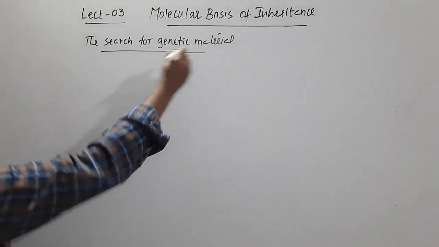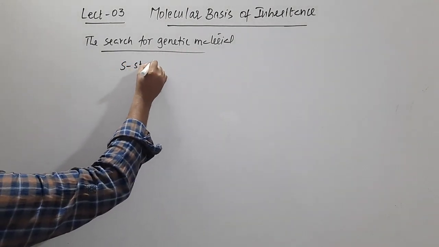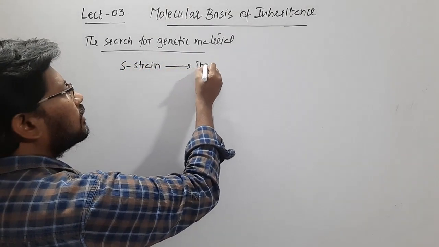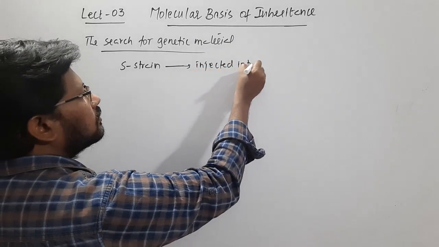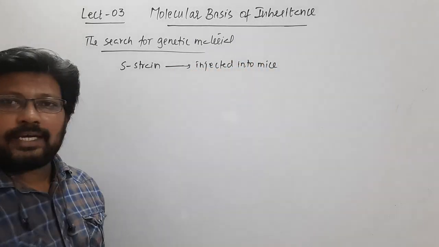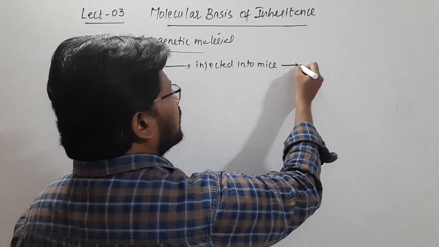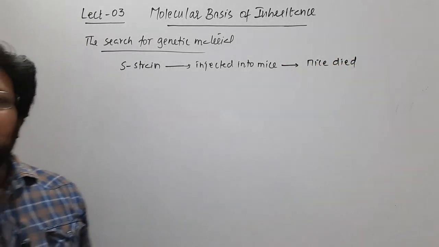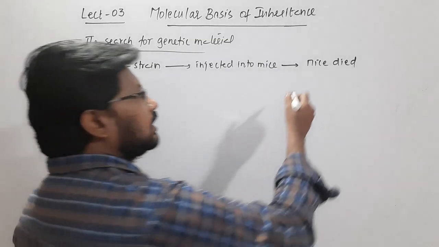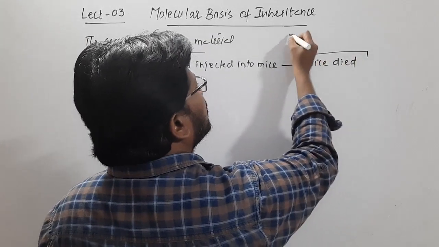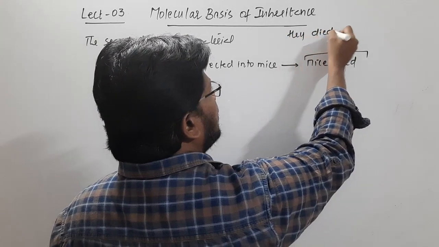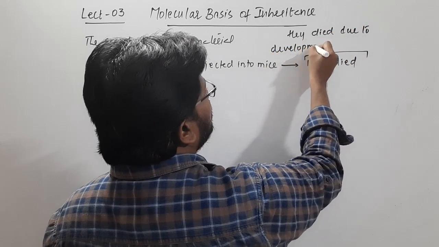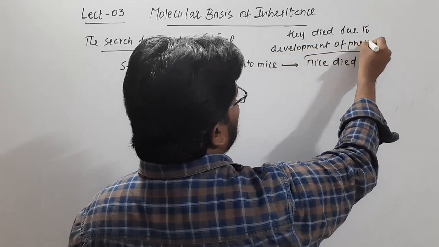So what he did, he took S strain and injected it into mice, and what he observed is that the mice died later, and they died due to development of pneumonia.